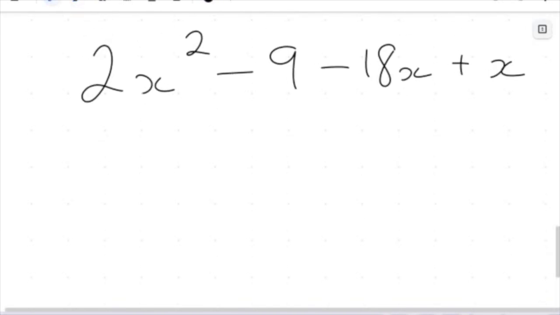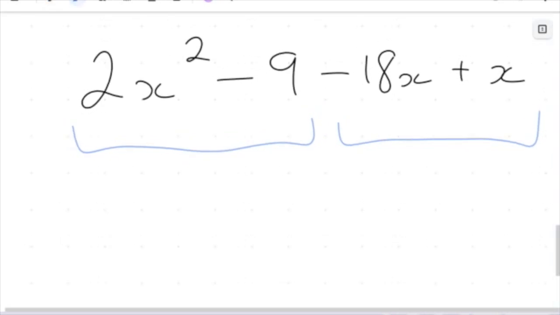So I'm going to say, all right, and remember, this is me deliberately making the mistake, and I'm going to try to factorize these. Now, here, I can't actually factorize this first term. There are no whole number factors that go into 2x squared and negative 9.